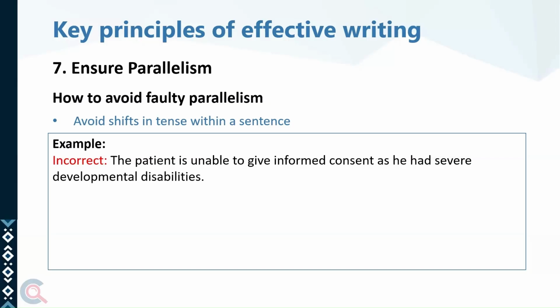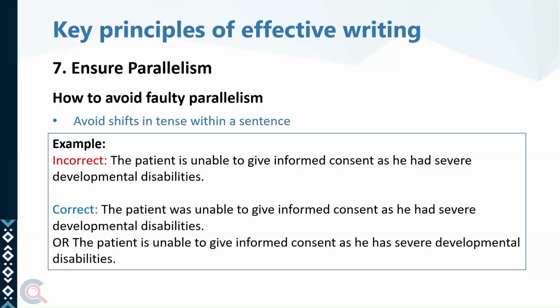That is the past tense. This is not parallel. The correct way to say it is "The patient was unable to give informed consent as he had severe developmental disabilities." The first part of this sentence is in the past tense. The second part is in the past tense. That is parallel. Or we could make both parts in the present tense. "The patient is unable to give informed consent as he has severe developmental disabilities." So the patient is present, as he has is present.